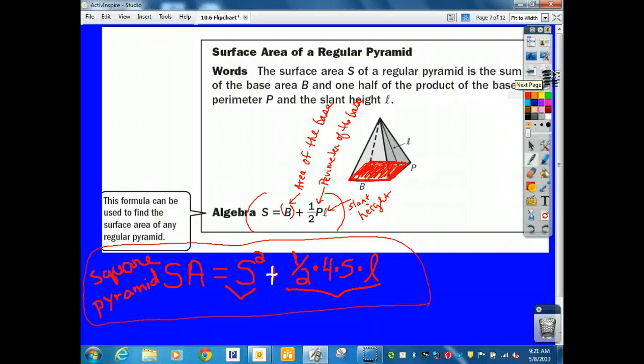Now, surface area of a regular pyramid. A regular pyramid meaning that you have a square base. A regular pyramid, the base is a square, meaning all sides are congruent and it has 90-degree angles.